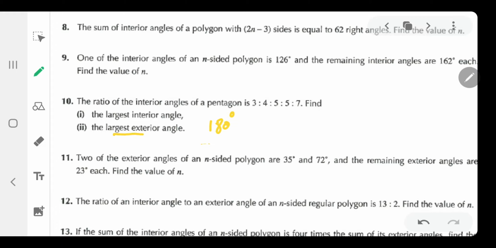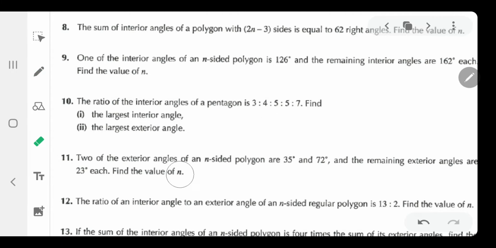The largest exterior angle is 180 degrees minus the smallest interior angle, which is 67.5 degrees. Now the answer is 112.5 degrees, which is the largest exterior angle, right?